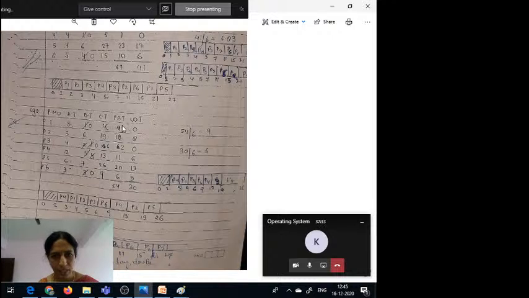Waiting timings, that is turnaround time minus burst time: 1 minus 1 is 0, 14 minus 6 is 8, 2 minus 2 is 0, 11 minus 5 is 6, 20 minus 7 is 13, 6 minus 3 is 3. Find it like this. So this is the shortest remaining time first.